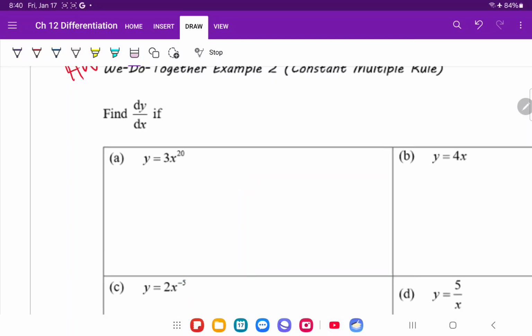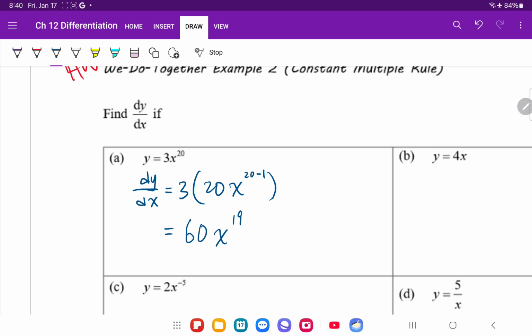Now, first question. Dy dx equals to 3 bracket, the 20 comes down, x right there, and the 20 subtract 1. The result is 60x power 19. Now, before I move on, some of you may realize, hey teacher, actually why must I do this step?